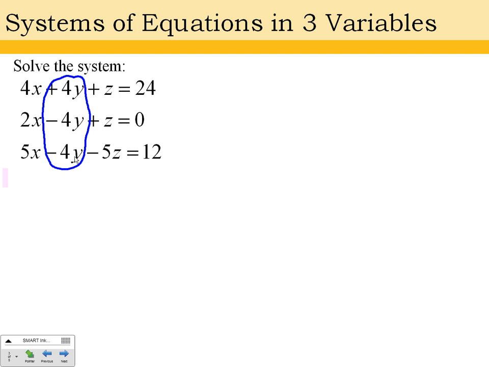As long as one of them has a different sign, that's really helpful as far as being able to eliminate. Since this is a positive 4y, I can pair it with this negative 4y, and that will cancel. So I'm going to pair up my first two equations together, the first and the second equation. That's where I'm going to start.